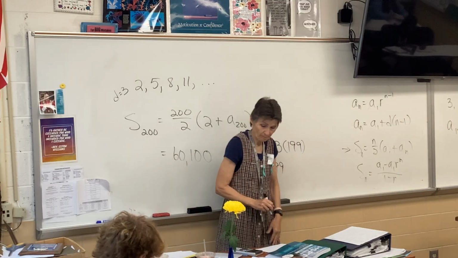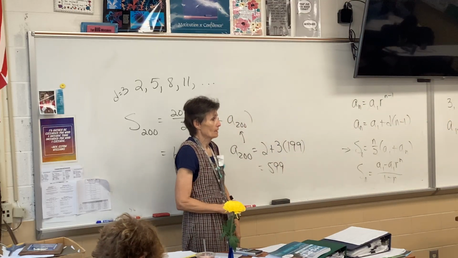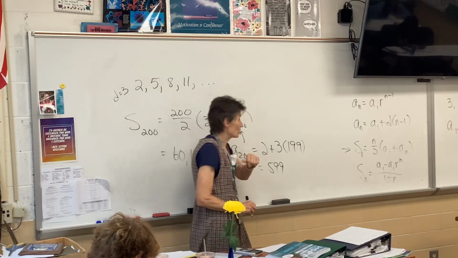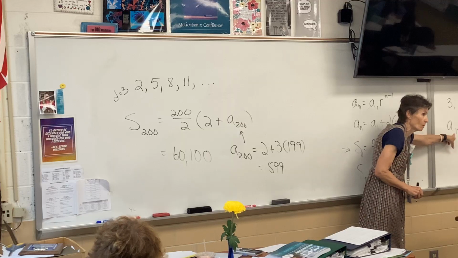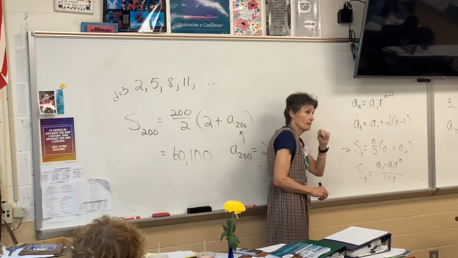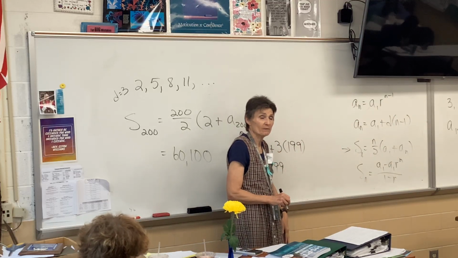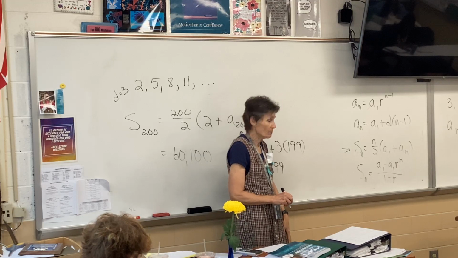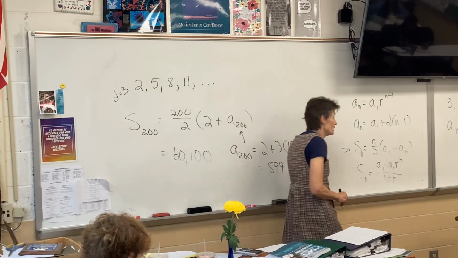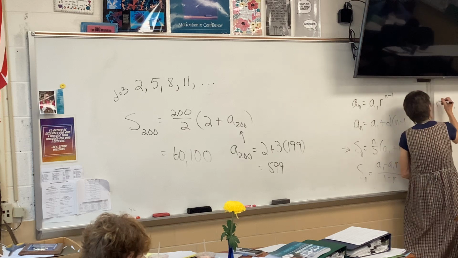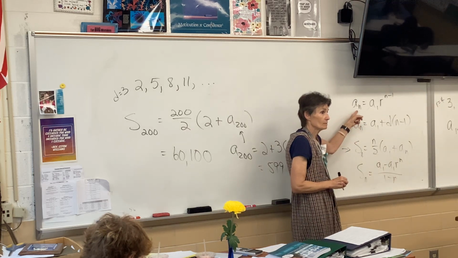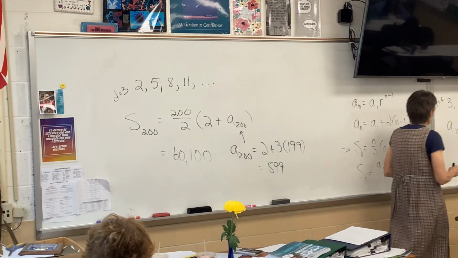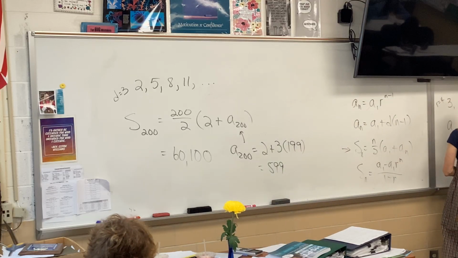Look at the question. Arithmetic or geometric? You know it's one of these formulas because it says so. Which one is it going to be? Well, I don't know. I have to figure out if it's arithmetic or geometric. So what is it? Geometric, with a ratio of 4. So I'm using that formula right there. a sub 15 is 3 times 4 to the 14th.